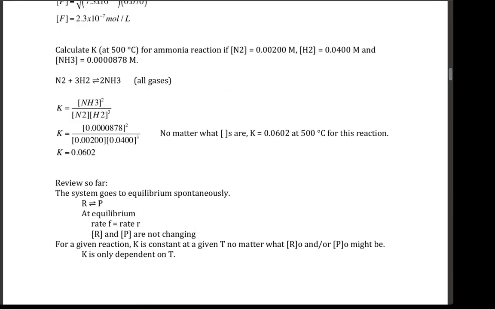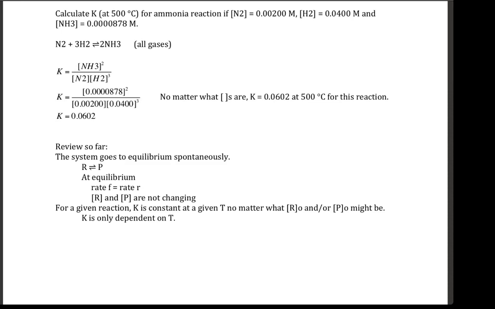Our next problem is calculate K at 500 degrees Celsius for the ammonia reaction that I have below. If N2 concentration is 0.00200 molar, H2 concentration is 0.0400 molar, and the NH3 concentration is 0.0000878 molar.